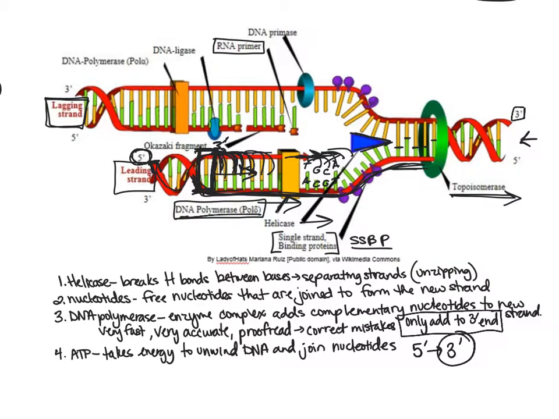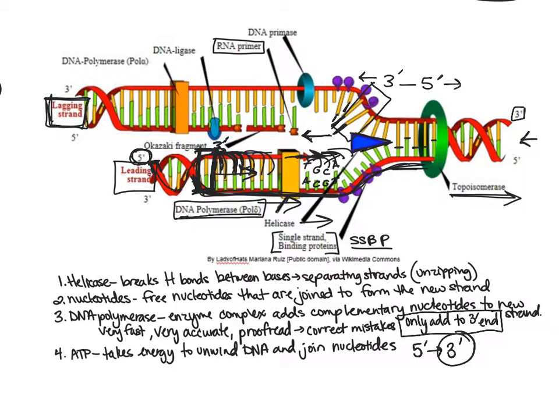Now up here on the lagging strand, we don't have that same situation. So in this case, we're actually building from the helicase this direction, kind of backwards toward the left in this illustration. Now what that means is that when the helicase comes in, we're going to add our DNA polymerase here, let's say, for example, and we're going to add our nucleotides going in this direction, because on the other strand it's 5' and 3', so the 5' end is on the right of this illustration, the 3' end is on the left here.